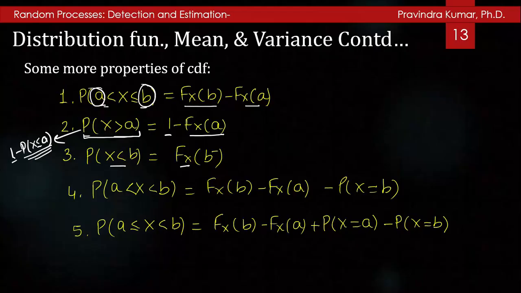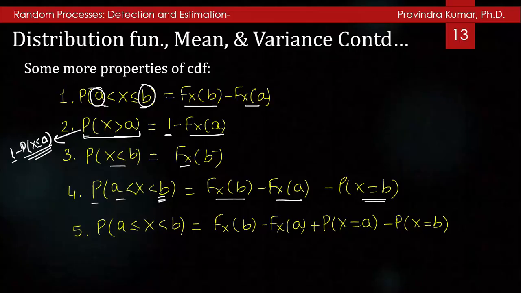And the probability when x lies between a and b, where at this time I'm not including the b value of the random variable x, will be equal to the CDF at x equal to b minus the CDF at x equal to a, and minus the probability at x equal to b.